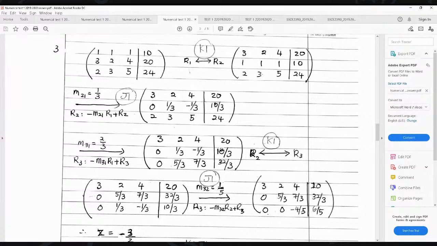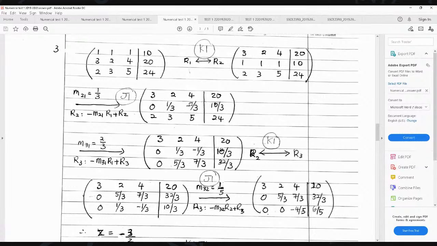So now let's create a new row for row 2. This one is very important when you do the row operation: negative M21 times R1 plus R2. Negative 1 over 3 times row 1, which is 2, plus row 2, which is 1, so you will get 1 over 3.